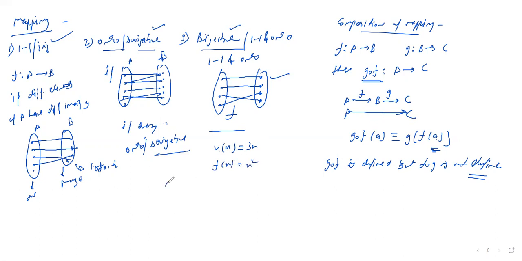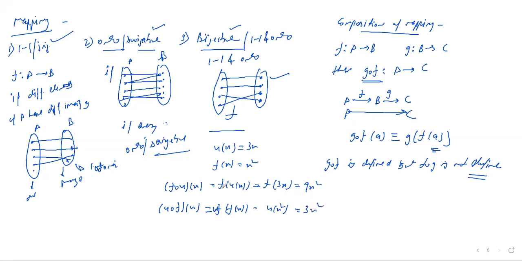Now if I do the mapping FOU of x, which equals f of u(x), which is f of 3x, it becomes 9x square. And u of f(x), what does it depict? It is u of x square, and it becomes 3x square. So from this we can see that f of u(x) is not equal to u of f(x). So this is the composition of mapping that we use, GOF, FOG.